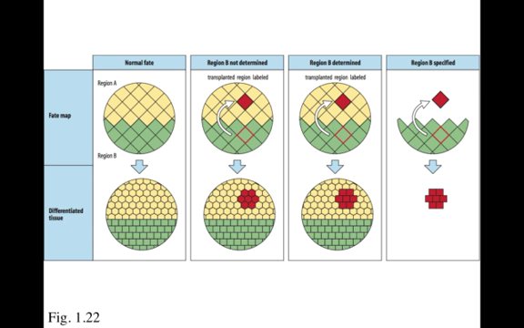So what does it mean for a cell to be determined? It means that when a cell is determined, even if you move it to a different location, it will become what its original fate was. Here's a cell that's determined.